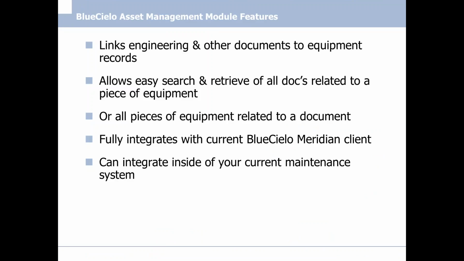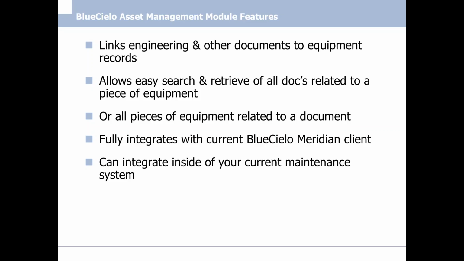The products I want to talk about next are really two of the key advanced modules that we're doing a lot with Meridian these days. The first one is the asset management module. What that allows you to do is to link your engineering and other documents, CAD drawings, to the specific pieces of equipment or assets they're related to, so that users throughout the organization can search on a piece of equipment and then immediately see all the documents related to it, which is extremely beneficial for maintenance people.